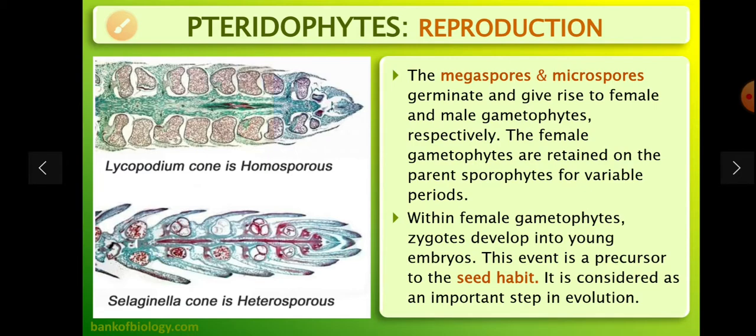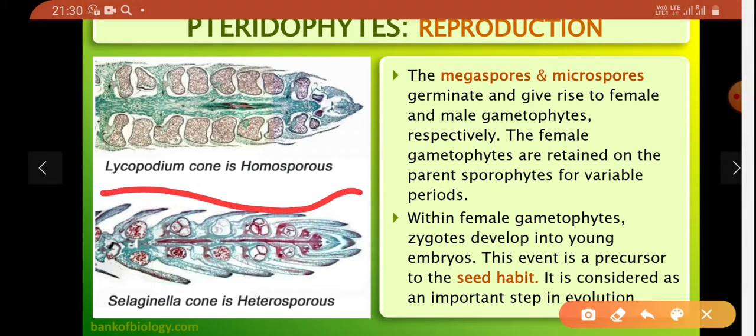Again I will repeat: within the female gametophyte, the zygote develops into a young embryo, where the female and male gametes fuse to form the zygote. This event led to an important step in evolution, the seed, from which a new organism can develop.